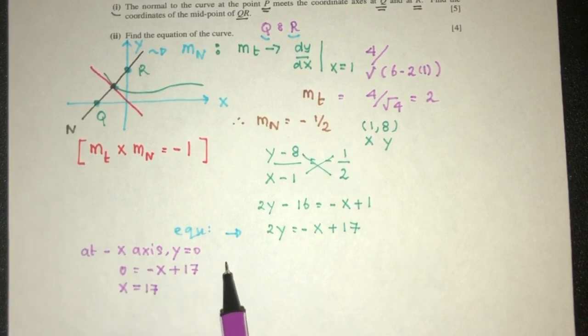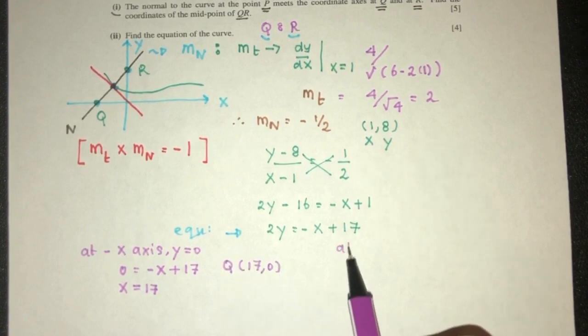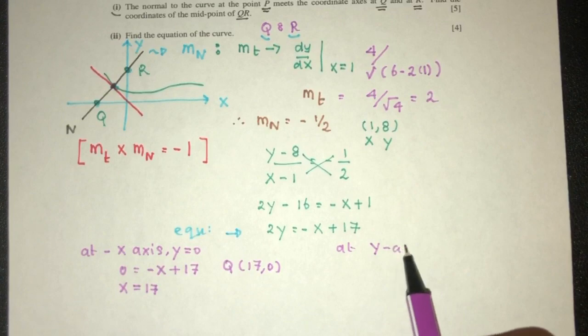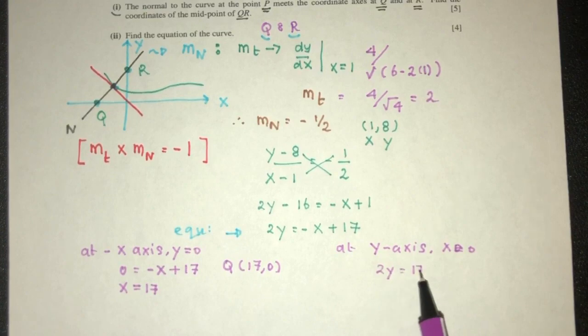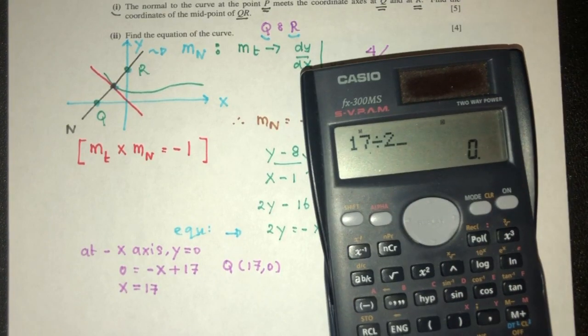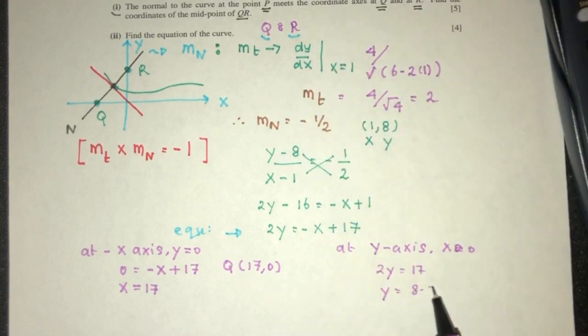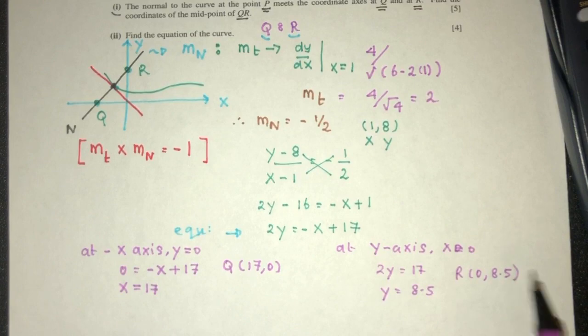Let's call this the point Q, that should be (17, 0). Now at the y-axis, the value of x has to be 0. So 2y equals 17, so y has to be 17 divided by 2, that should be 8.5. So the point R is (0, 8.5).